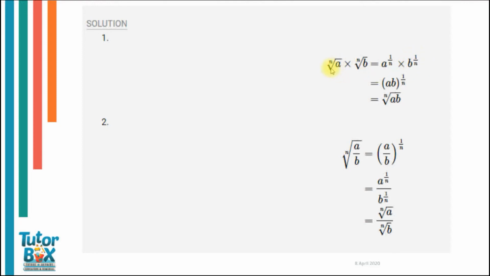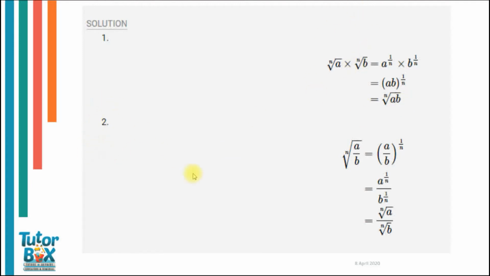Because remember, there's this law that we just learned now that says if you multiply these two, basically you're going to get the nth root of a times b. Okay, so it's the same thing here. So this will be equal to a times b in brackets, and you're raising that to 1 over n, and then this becomes the nth root of a times b, because that's what we're trying to prove, right?